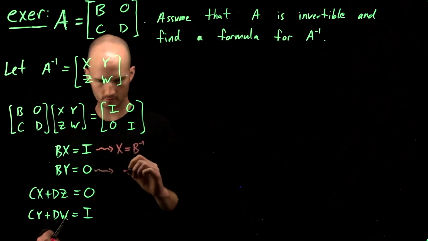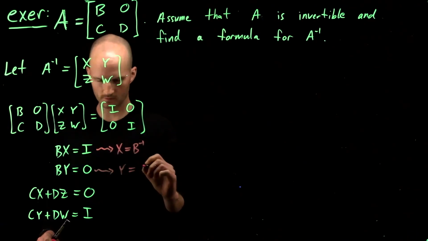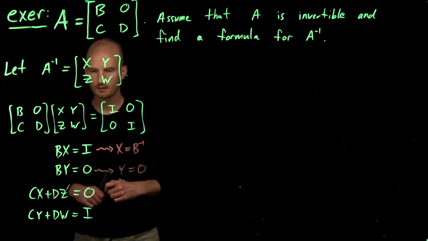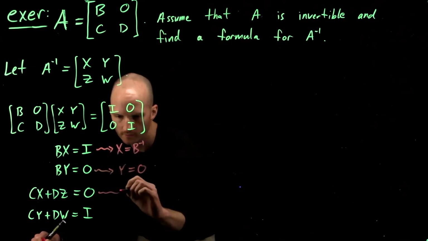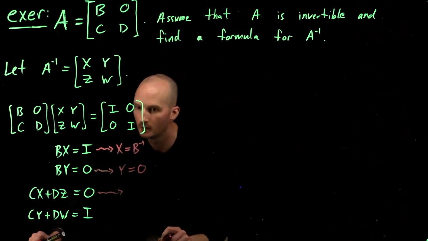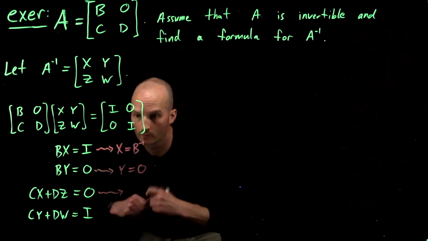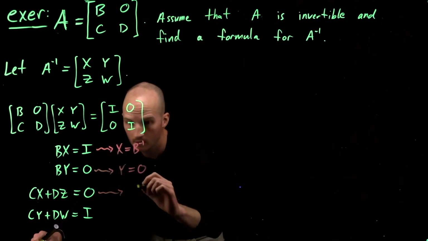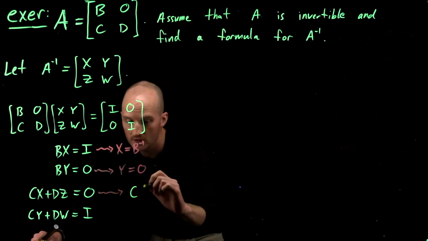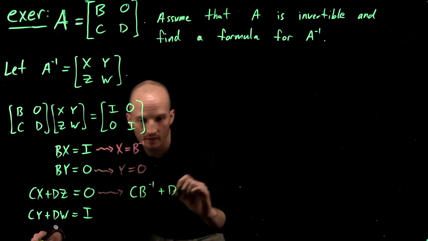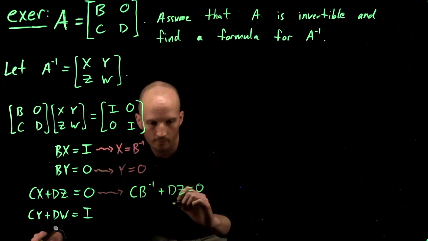And I can solve for Y here. Then similarly down here, I got my X, I plug in C B inverse plus dz is 0.